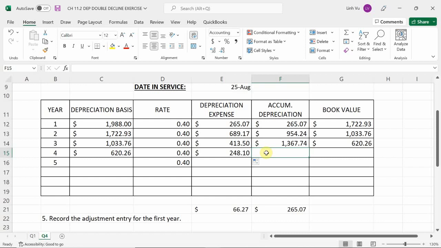Giving me a total accumulated depreciation of $1,615.34. 84 cents.